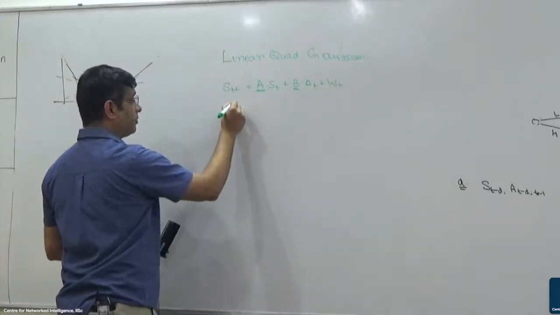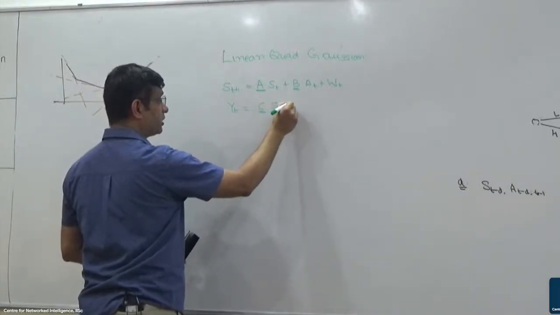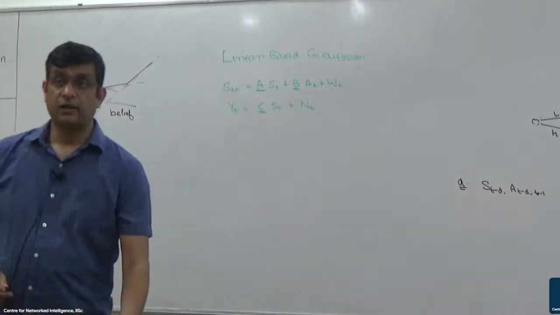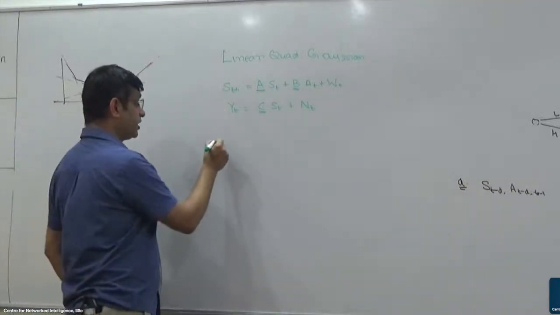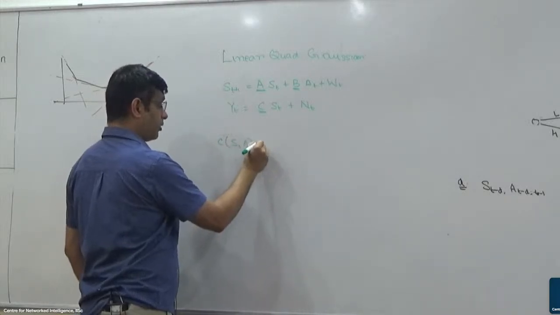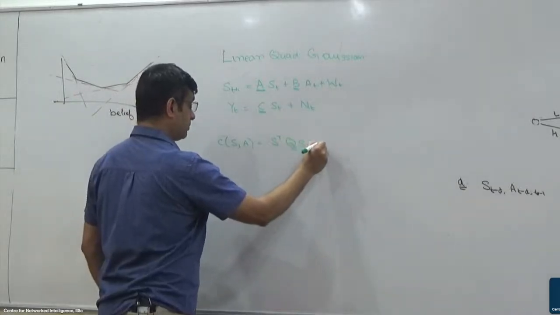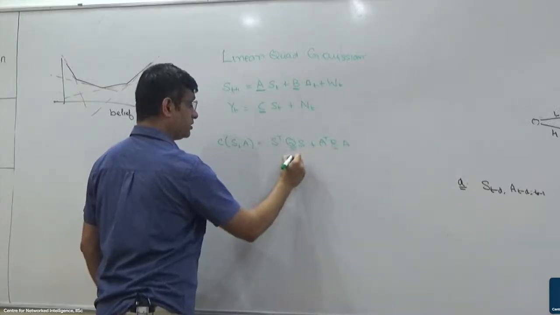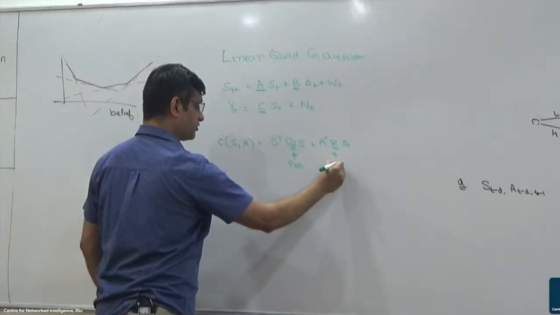And my observation is some C matrix times the state plus perhaps some other noise. You observe the output of the system, and you are interested in a per step cost, which will be S transpose Q S plus A transpose R A, where Q is a positive semi-definite matrix and R is a positive definite matrix.